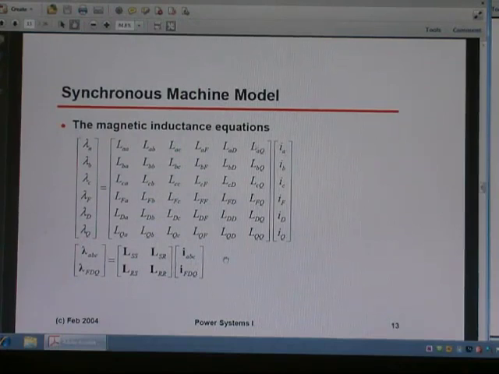Now we have the ABC lines and the field, direct, and quadrature axes, with the machine inductances. The machine linkage flux matrix form is written this way. So this is the magnetic inductance equation.